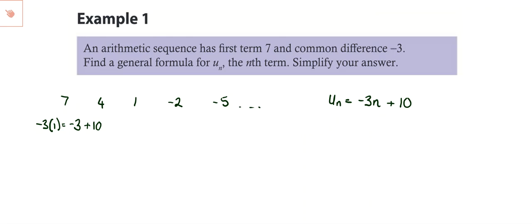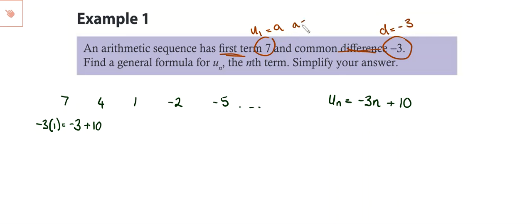The other way, which is what they're hoping we'll do in this exercise, is to say, okay, just using the 7 and the -3. 7 is U1, the first term, so that is the A value, and the common difference is the D value.